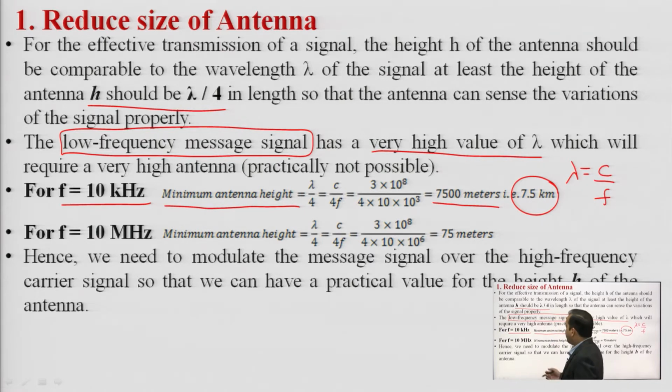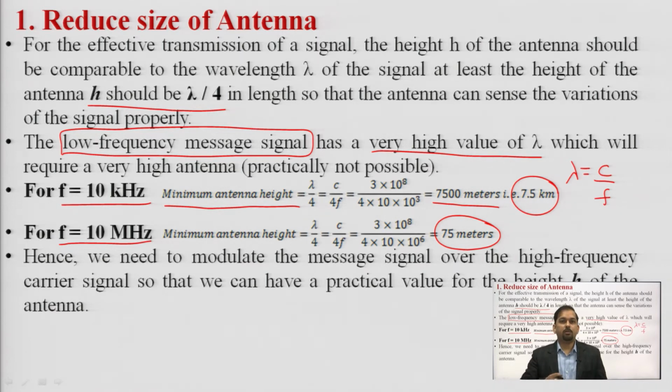If we are transmitting a signal at 10 megahertz, then the height of antenna required with the help of this relationship is around 75 meters. So what is the difference between transmission at low frequency and high frequency? At high frequencies the height of antenna requirement is low.